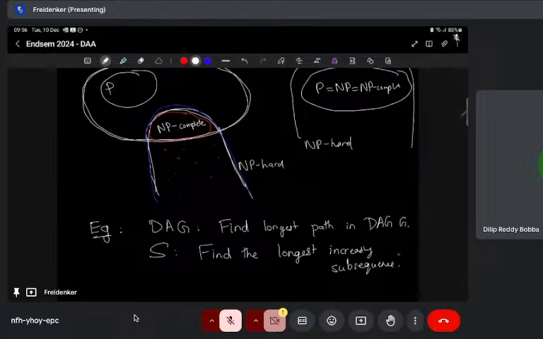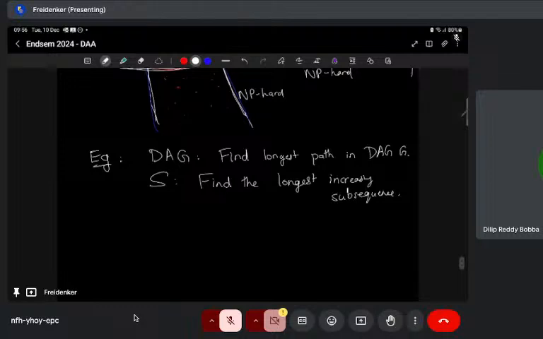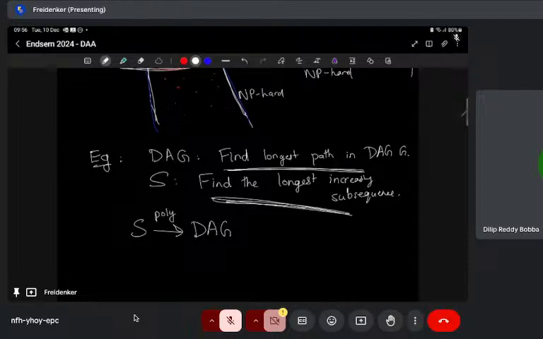When we were trying to solve this problem S, we kind of used DAGs, right? So we were literally employing reduction there. If you remember, I can convert the problem S into the DAG problem in polynomial time, solve it, and then get back my solution. When we are solving S, we are essentially solving this DAG problem only. If you want, you can look into it on your own. So this is poly reduction.